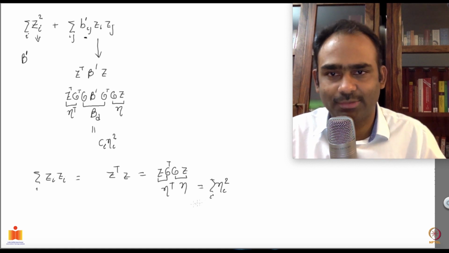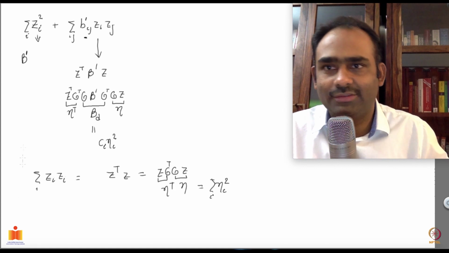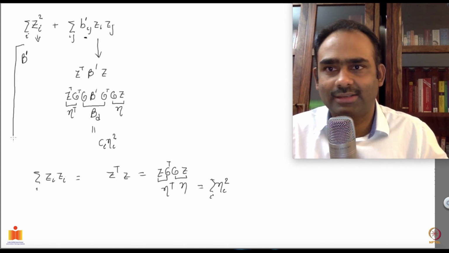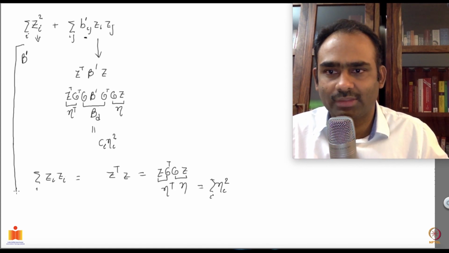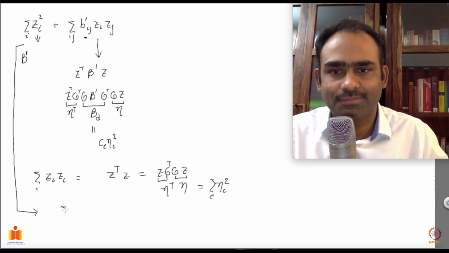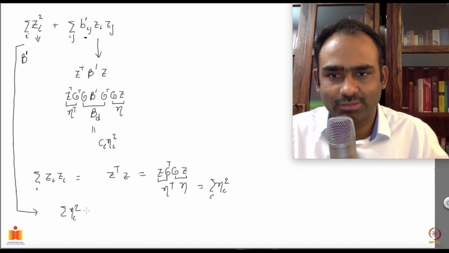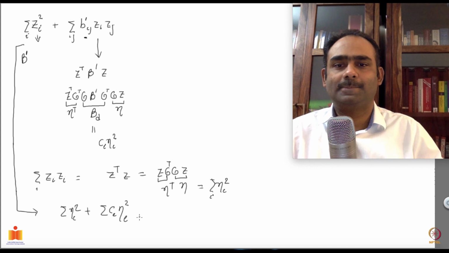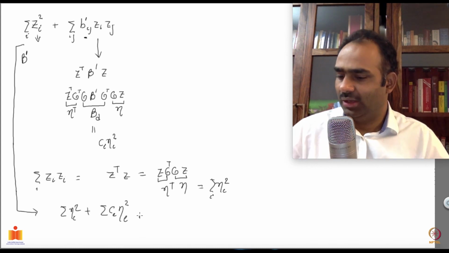It still remains a sum of squares. So the entire sum becomes eta i squared plus Ci eta i squared.